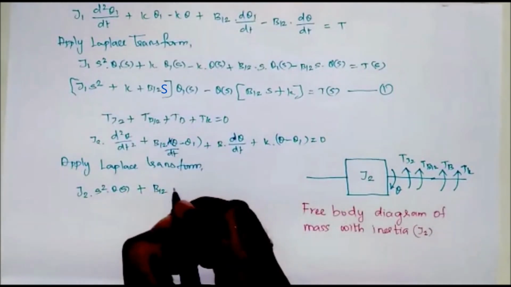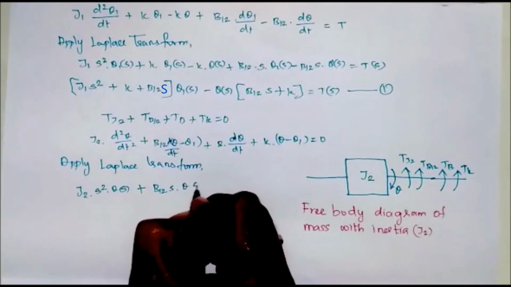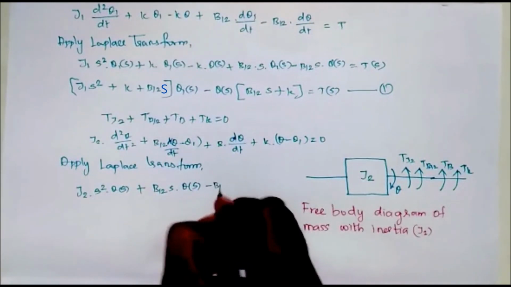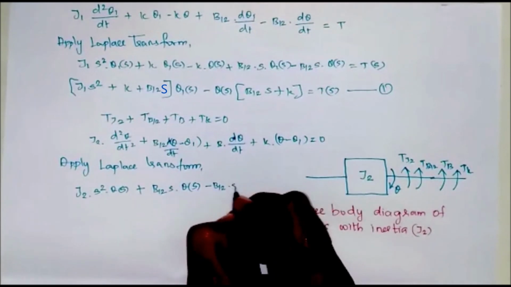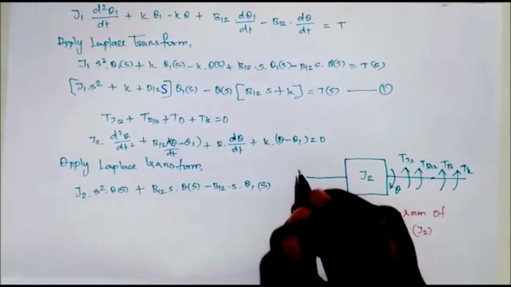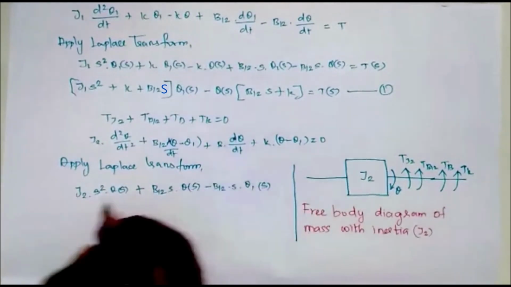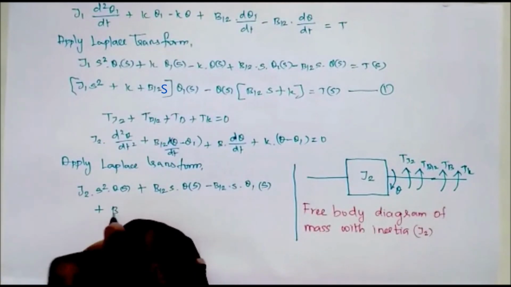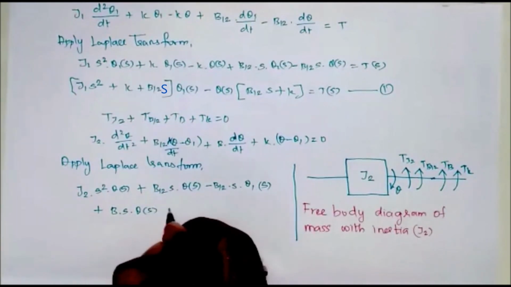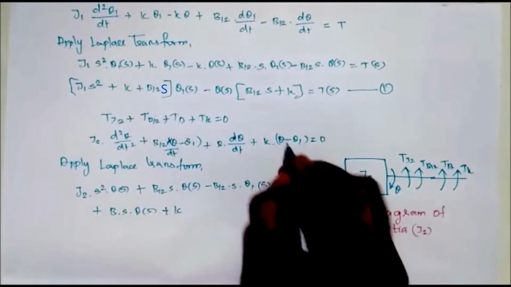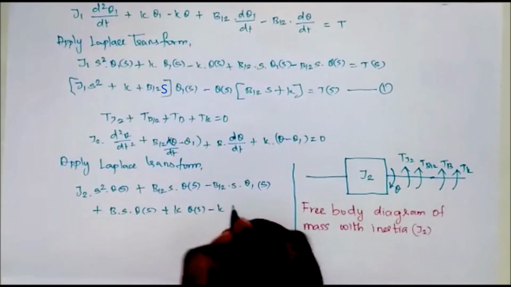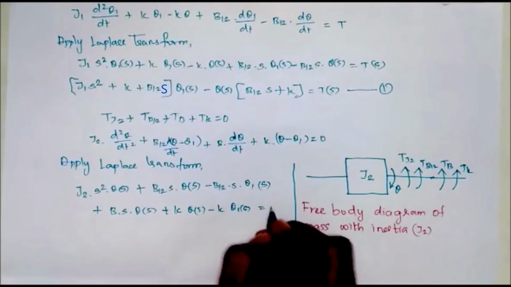For the derivative term, s into theta of s, we bring this inside, b12 into derivative s into theta 1 of s. Next, plus b into s theta of s, plus k into theta of s, minus k into theta 1 of s equal to 0.